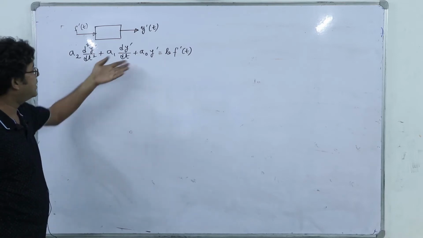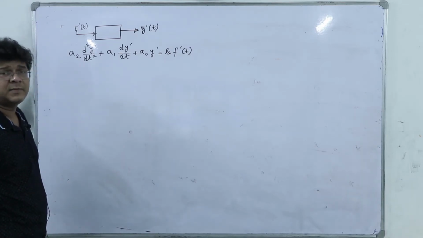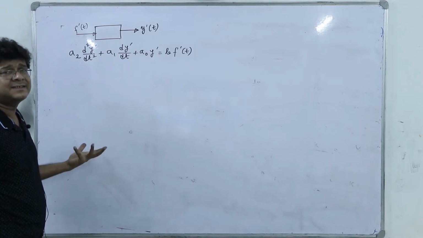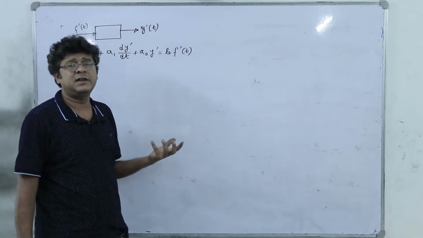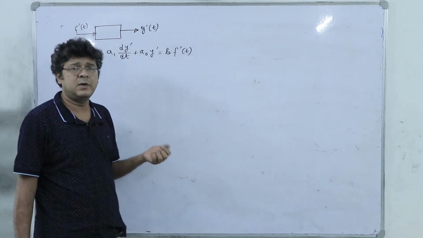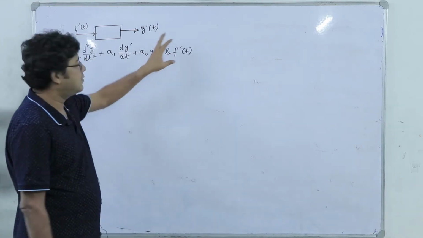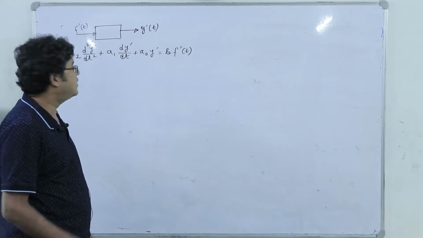That is, the ordinary differential equation will be the outcome of mathematical modeling, and it may, in any chance, be a nonlinear equation which we have linearized and got the second order differential equation.